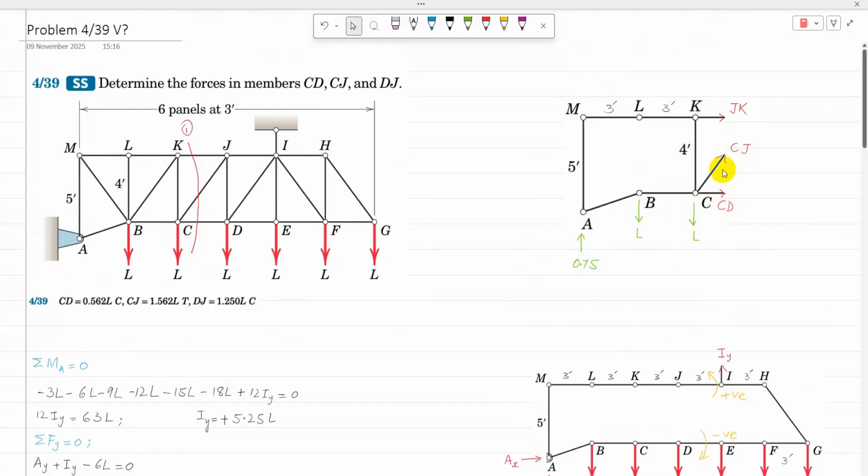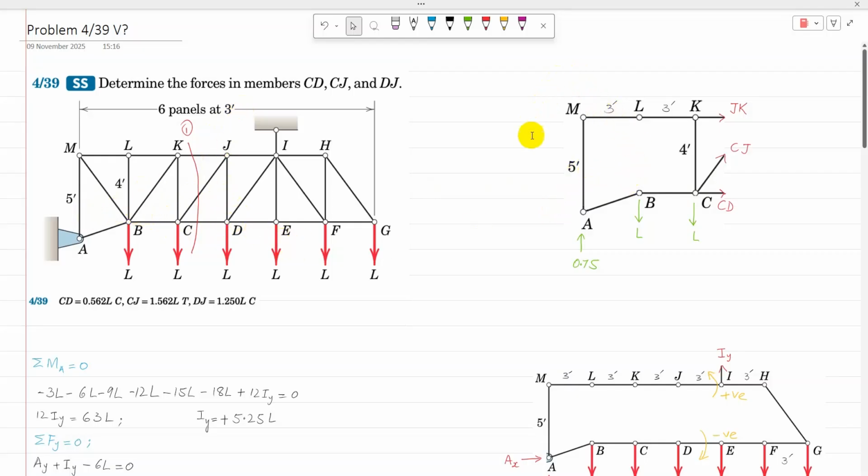CJ is an inclined member, so to find its components I can use triangle CJD, in which the horizontal side is 3 and the vertical side is 4.